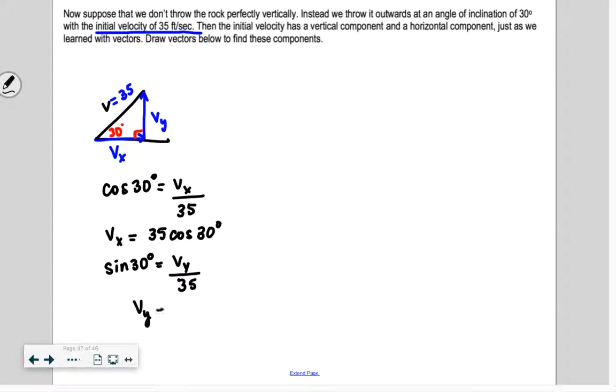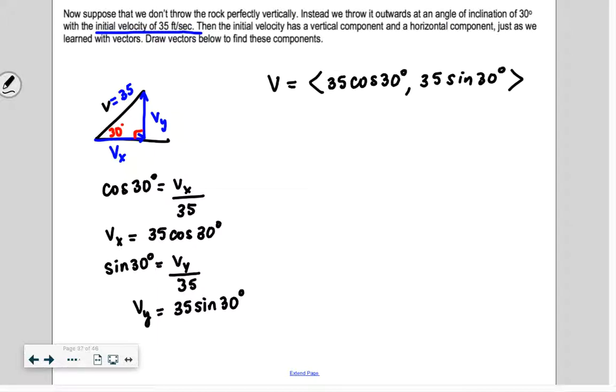So v subscript y is equal to 35 sine of 30. Does this kind of look familiar? This means that our velocity has an x component and a y component. The x component is 35 cosine of 30, and our y component is 35 sine of 30.